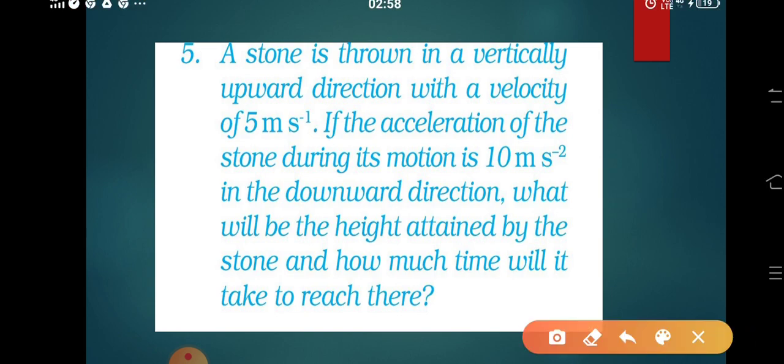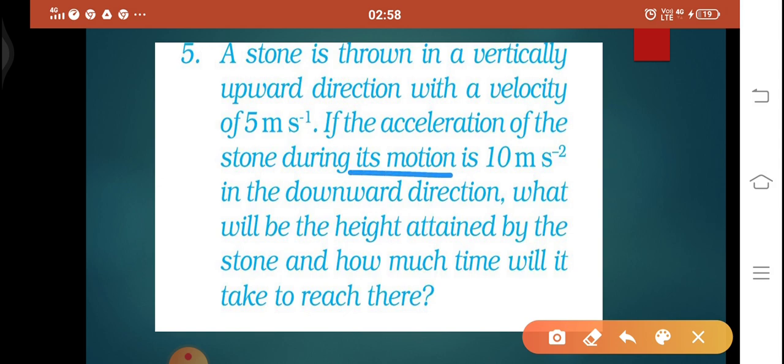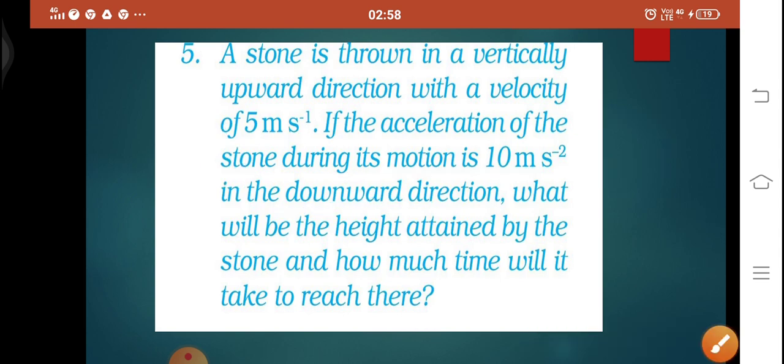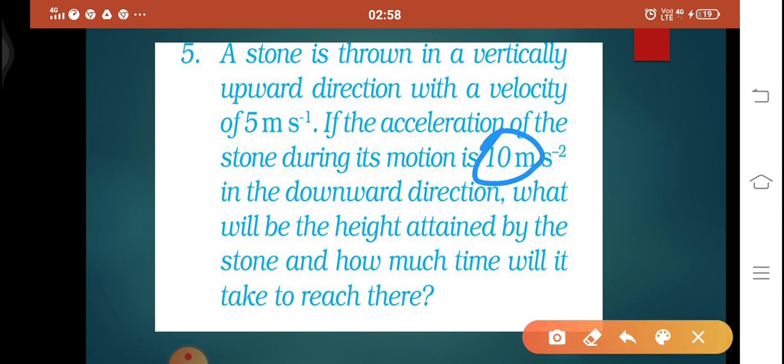Now this is again a very important point. The acceleration is in downward direction. Suppose a car is going here and acceleration is opposite, so it is called retardation. Now the stone is thrown upward and acceleration is downward, so this will be negative acceleration. This acceleration is negative acceleration.